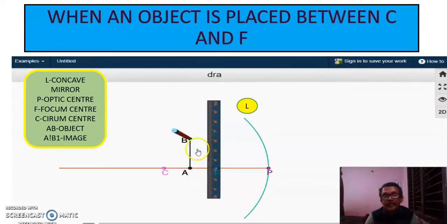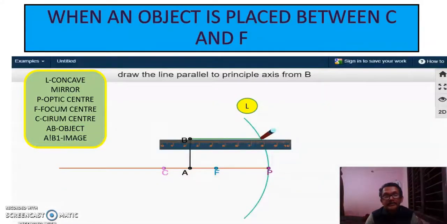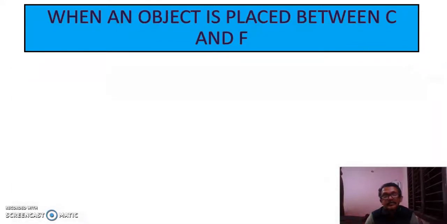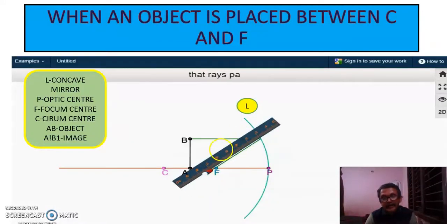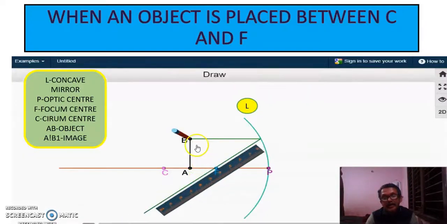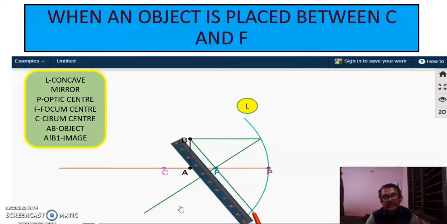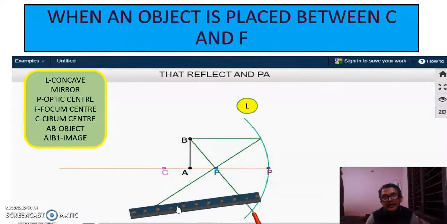Now take a ray parallel to the principal axis, and draw a line which passes through the F. It reflects and passes through the F. And take another line which passes through the F and reflects like this.